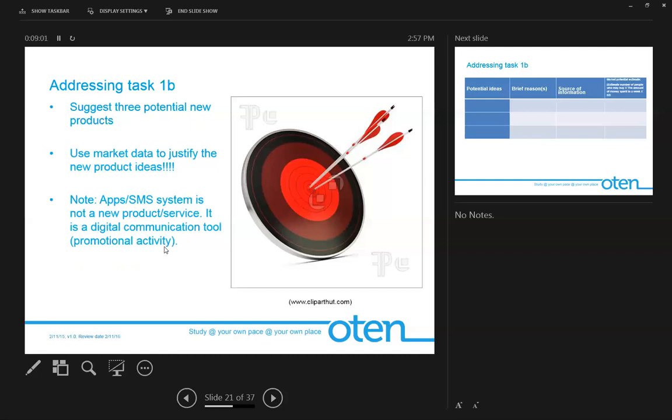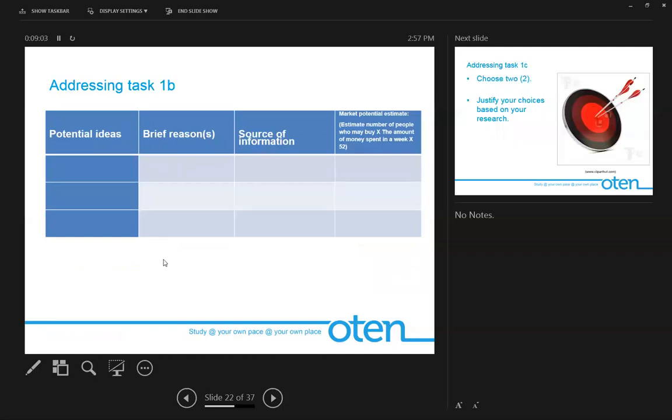Now, we need to outline at least three potential ideas to meet the assessment task requirement, and a brief reason why. In terms of brief reasons for your potential ideas, either a new product, new service, or new market, such as expanding to a new geographic area, please outline the reasons.